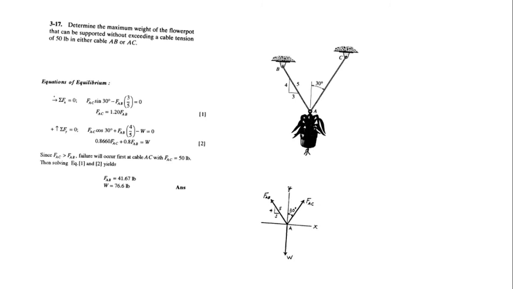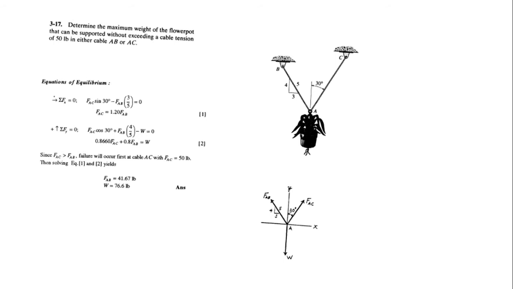Okay, so here if you look at it, determine the maximum weight of the flower pot that can be supported without exceeding a cable tension of 50 pounds in either cable AB or AC. So you need to calculate it, but the tension must not exceed 50 pounds in either AB or AC.